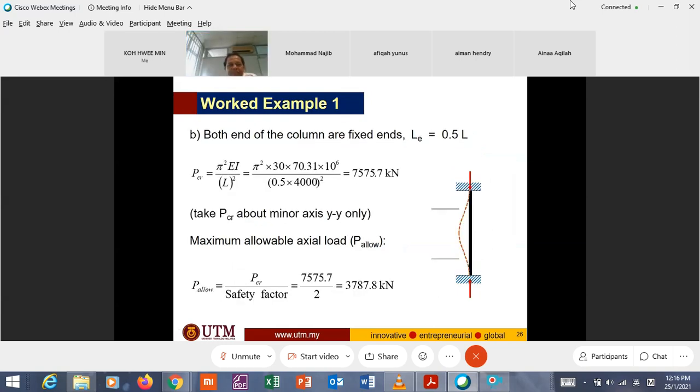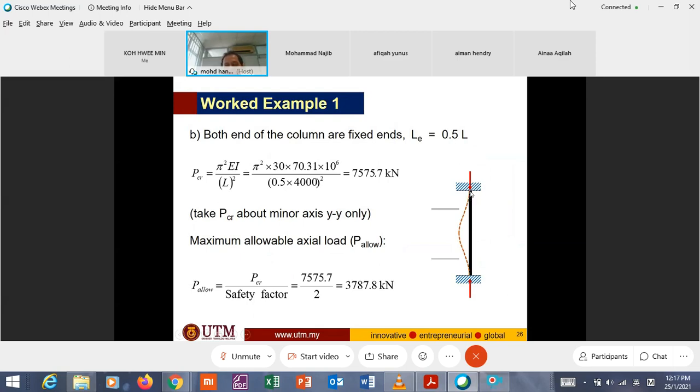Number 2. Both ends of the column are fixed ends. When you have a fixed end here, it will not displace, it is prevented from displacing right and left, but it also prevents what? Bending here, because it is fixed.